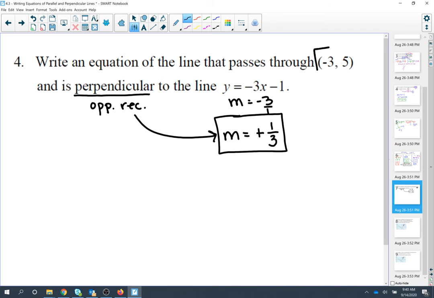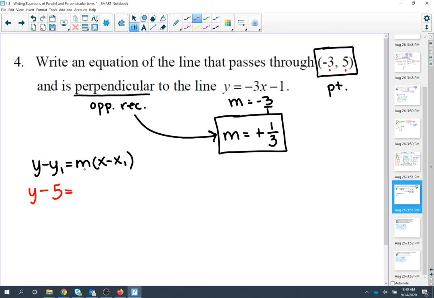And it has to go through this point. So once again, I'm going to revert back to point slope form. So y minus y1 equals m times x minus x1. Y minus my y, so 5, equals my slope of my perpendicular line.